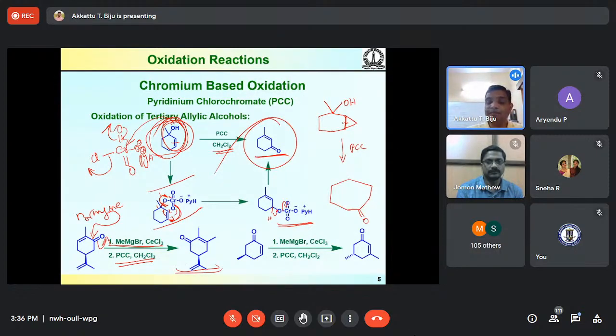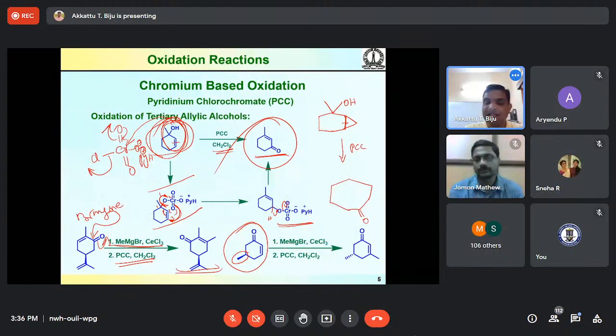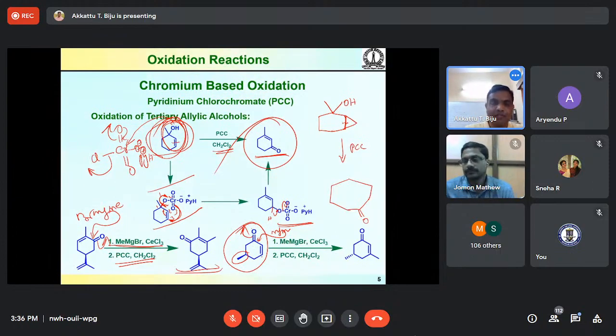And this is another wonderful example. So you have this alpha beta unsaturated ketone with a stereo center, and when you add methyl Grignard, the Grignard will add and you generate the allyl alcohol, then it will rearrange via the 3,3 sigmatropic rearrangement and oxidation cascade, and you get the product after a rotation.